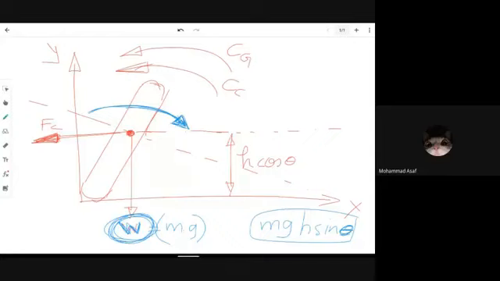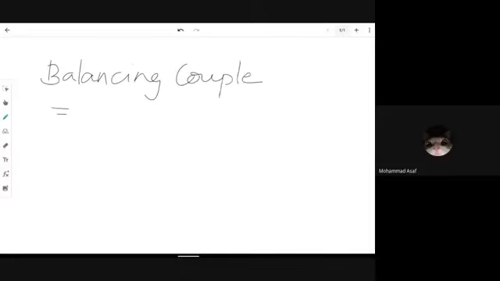Right, sir. So based on this logic, we can now write the balancing couple. Balancing couple in the sense which will be acting exactly in the opposite direction of that of the overturning couple. This should be the weight of the vehicle multiplied by the perpendicular distance, which is h sin theta.